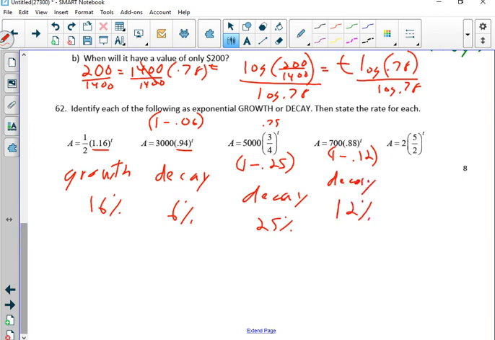And last but not least, 5/2 is 2.5. Well, that's 1 plus 1.5. So that's growth. And that's actually 150%. Big growth rate. And that's it for this unit.